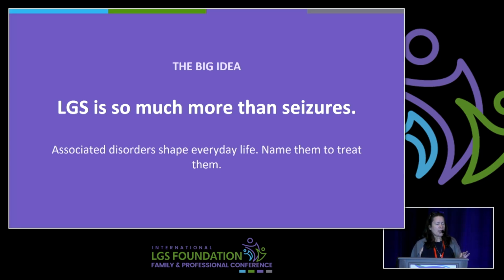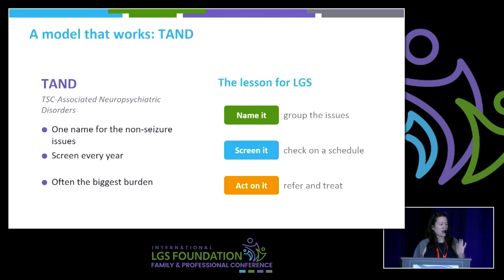Hopefully by the end of this talk, I can convince you that the best care now involves knowing the LGS-associated disorders as well as the LGS-related disorders you are dealing with, looking at the whole clinical picture, the whole child or adult, and then designing treatment around that and your goals. That is the best care today. In the future, we're going after disease modifying, but this is for the best care today.